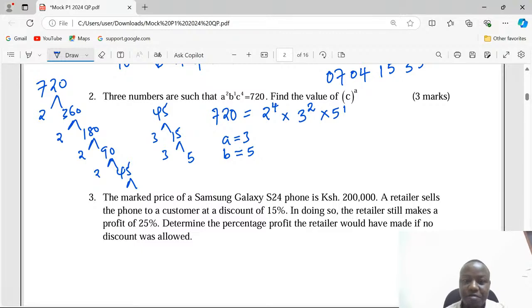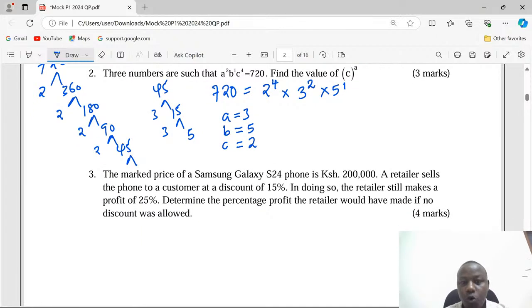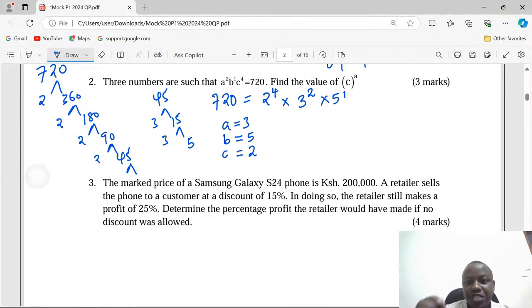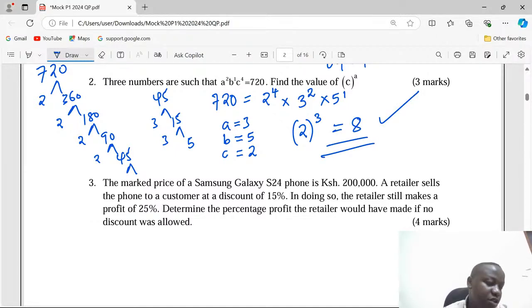Again, one of the factors, C, has been raised to power 4, and that becomes 2. Now we are finding the value of C power A. C power A means 2 raised to power 3, and this will give us exactly 8. So the answer is going to be 8.